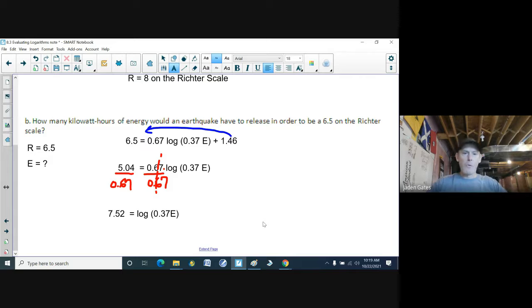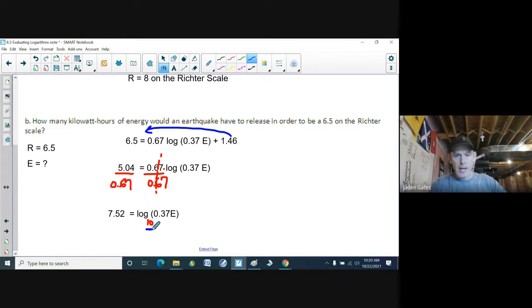Now here's where we're at. I've got no more moves that you would normally use. So here's what I'm going to do. I can use the fact that this is in logarithmic form with a base of 10, because you don't see a base written, so that means it's a base of 10. So I am now going to convert this into exponential form.